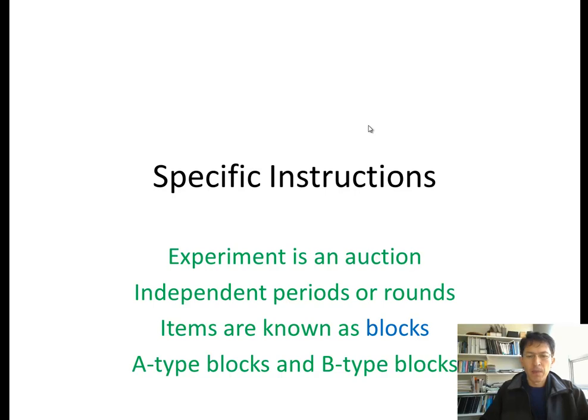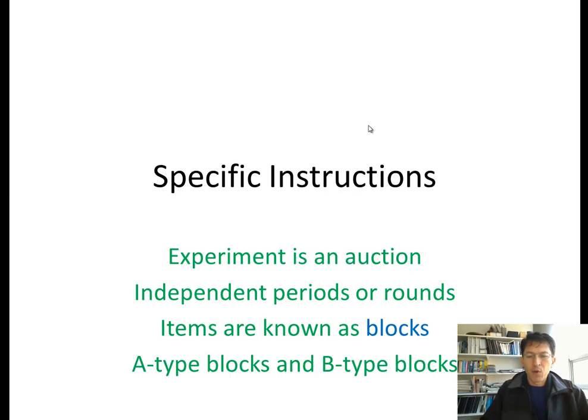At the beginning of each period, you will be assigned a value in $ that you place on each block, depending on which characteristic, that is, A or B, the block is assigned. In addition, you will be assigned a financial budget representing the total funds available to you for bidding in that period.